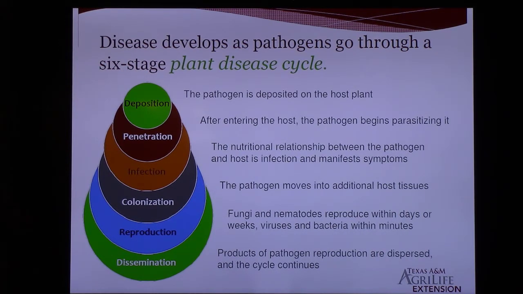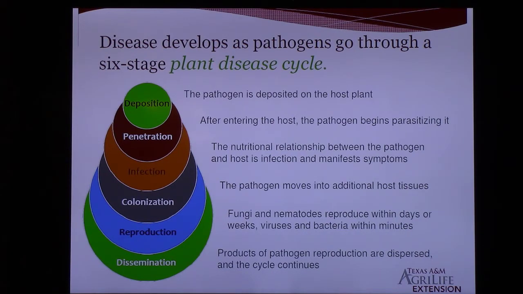After entering that host, the pathogen begins parasitizing it, basically living off that plant. So it penetrates, gets into the plant, and starts parasitizing it. And then that leads to an infection. That's the nutritional relationship between the pathogen and the host.